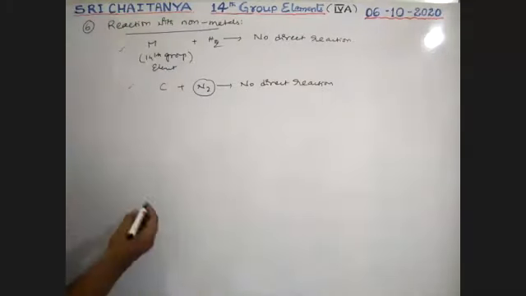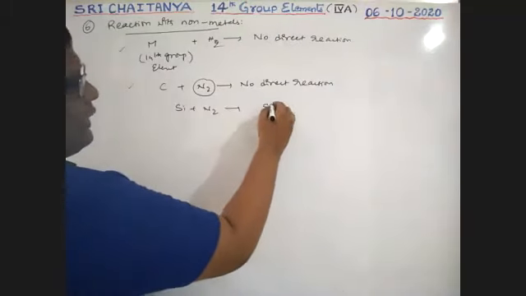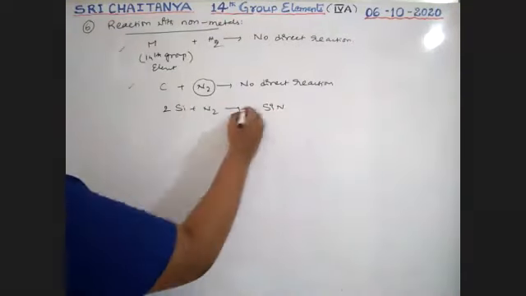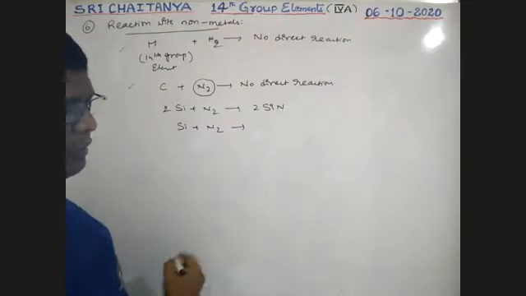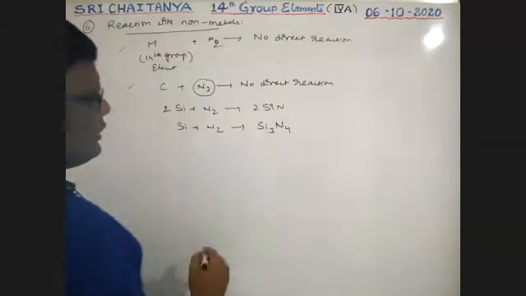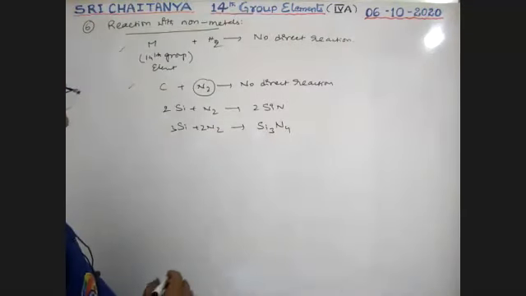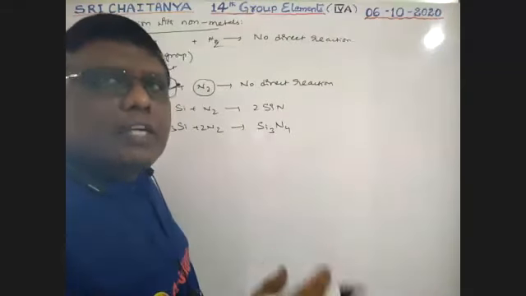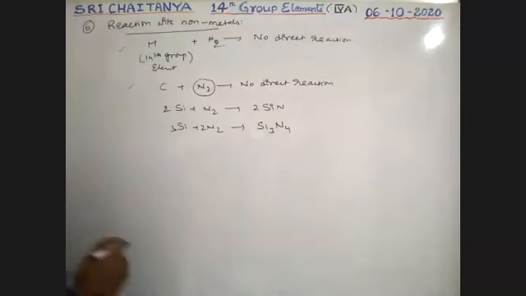Silicon with nitrogen gives silicon nitride, SiN2. The same silicon with nitrogen can also give another compound, Si3N4. So nitrides are the products. In our group we are discussing mostly carbon and silicon, so I am restricted to carbon and silicon.